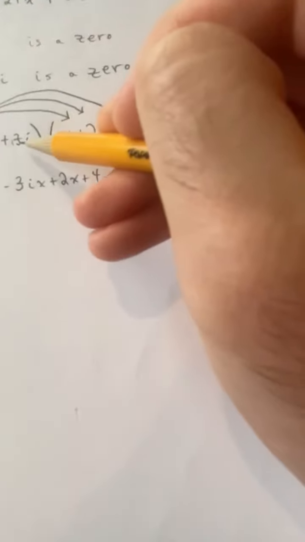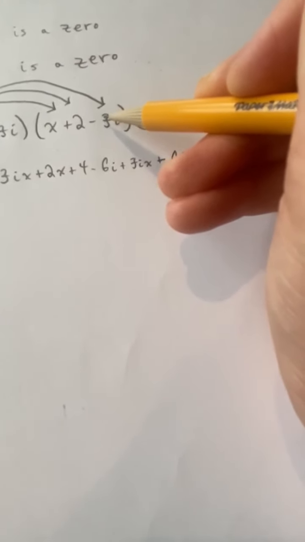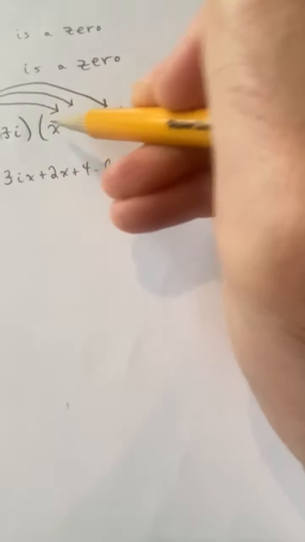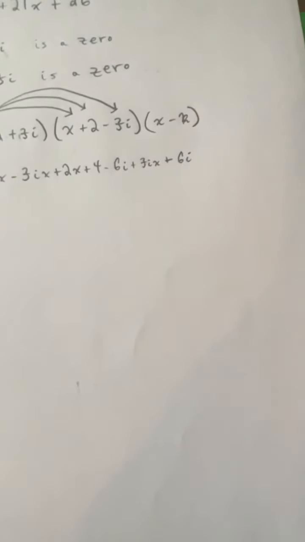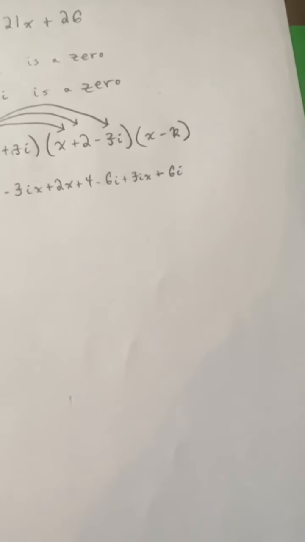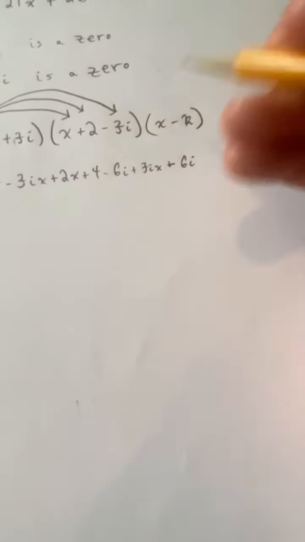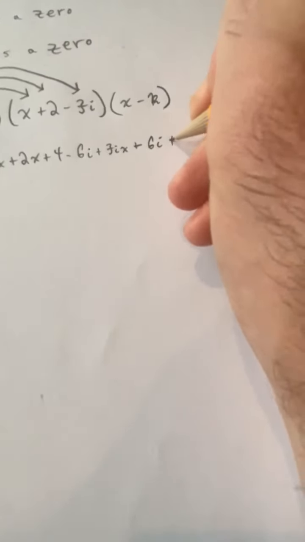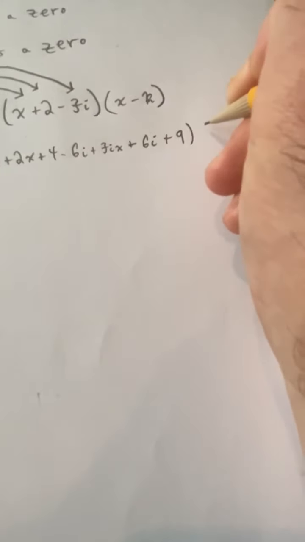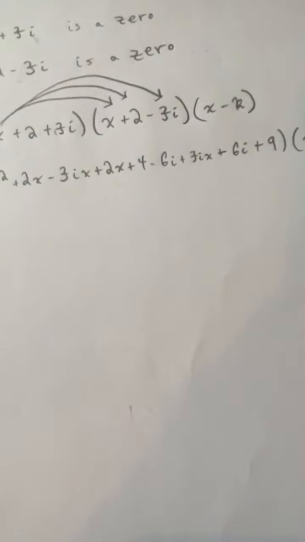We have 3 times -3, that's -9. Then we have i times i. Remember, i times i is i squared, and i is the square root of -1, so i squared is -1. So we have -9 times -1, so this winds up being plus 9, and then we still have that x minus k. We can neaten up the parentheses quite a bit though.